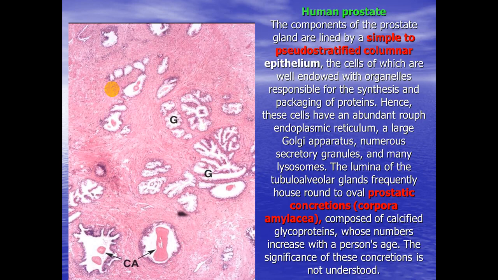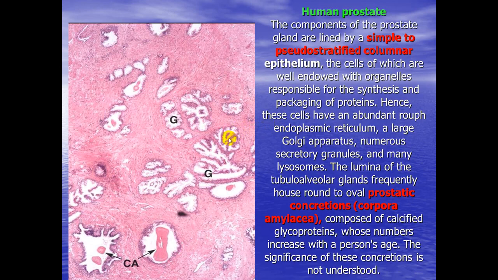Especially, the main volume of the ejaculate is produced by the prostate gland. The volume of ejaculate is over 2-3 milliliters. It is mostly the secret of the prostate gland. So, very interesting that the epithelium, which covers the secretory portions, is simple to pseudostratified columnar epithelium.